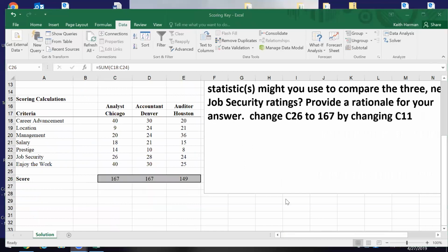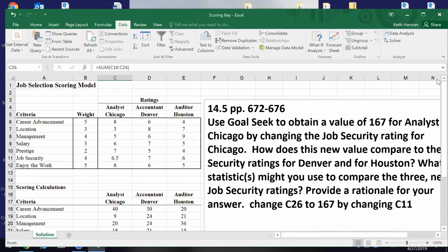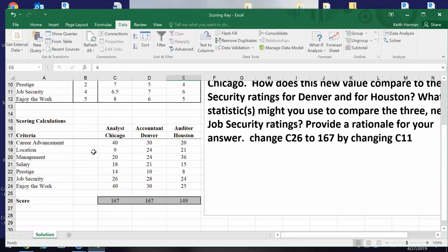Let's take just a quick trip around here and look at the math involved, okay? Here's the weight for each of them per criterion.